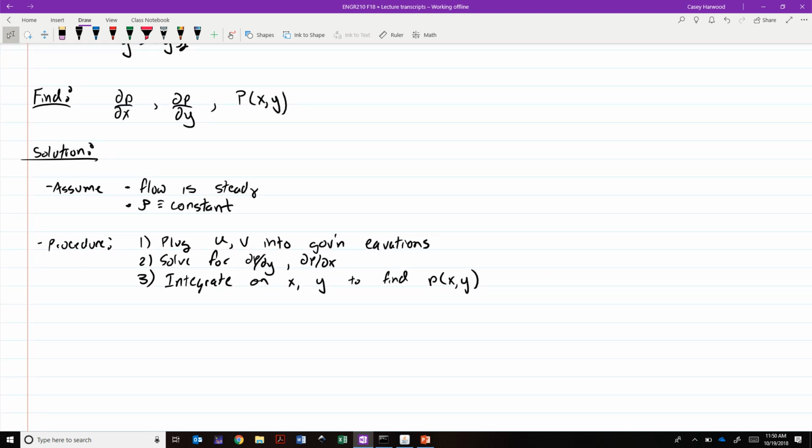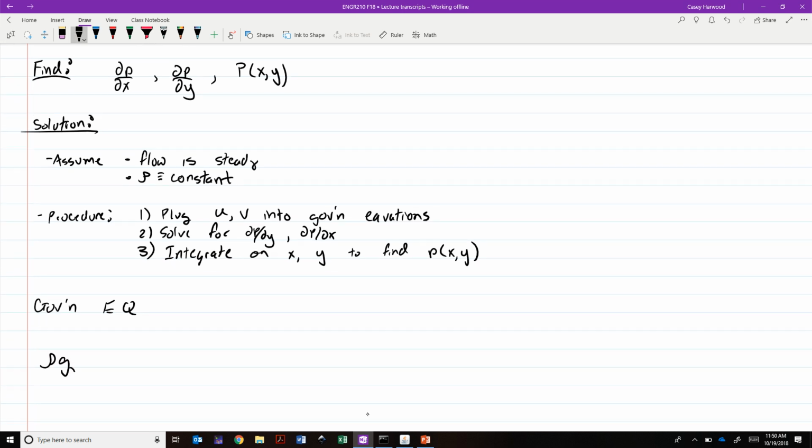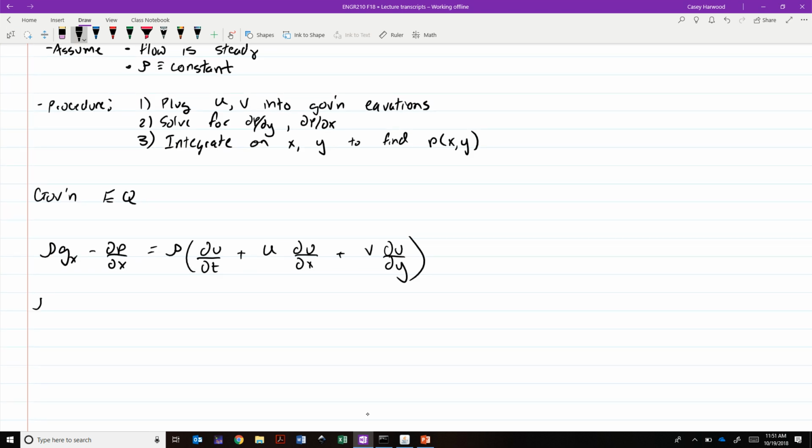namely rho gx minus dp dx is equal to density times du dt plus u du dx plus v du dy, and rho gy minus dp dy is equal to rho times dv dt plus u dv dx plus v dv dy.